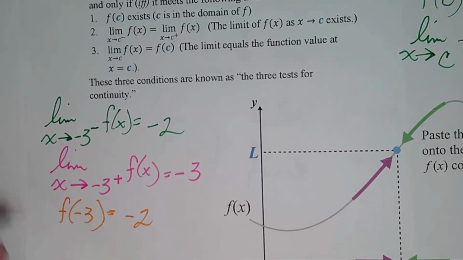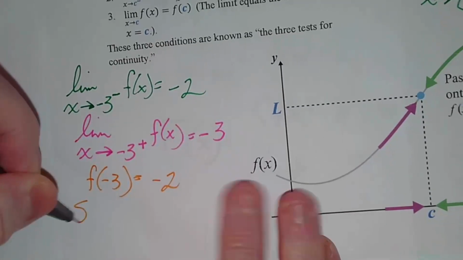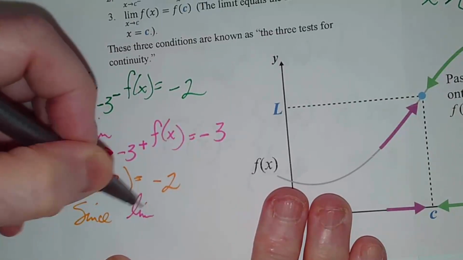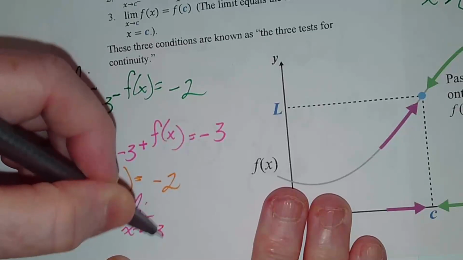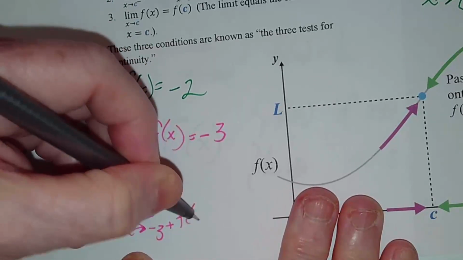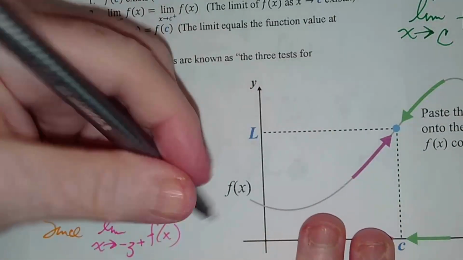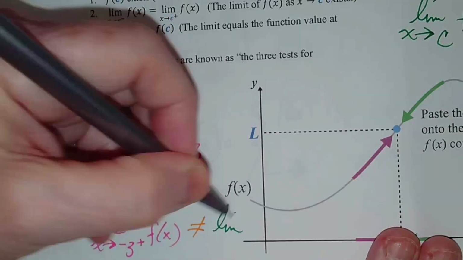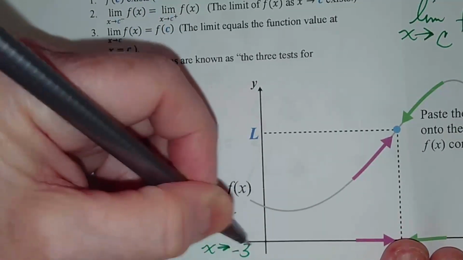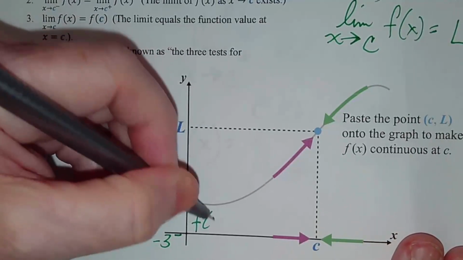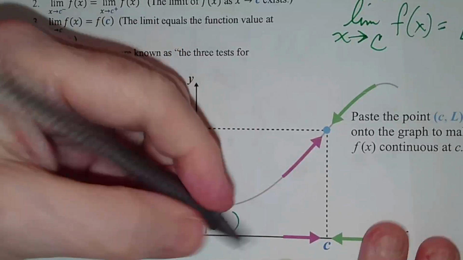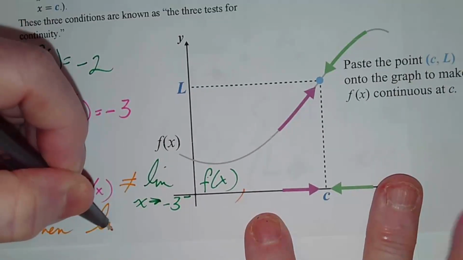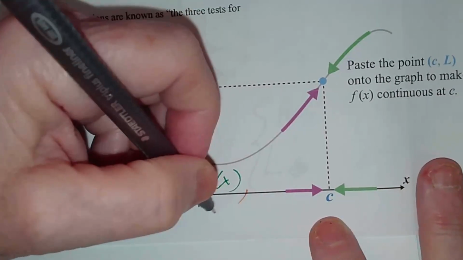Since the two limits are different, since the limit as x approaches -3 from the right isn't equal to the limit as x approaches -3 from the left, then the limit, well, let's write it properly.